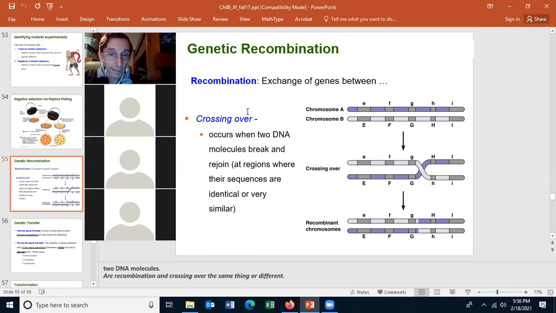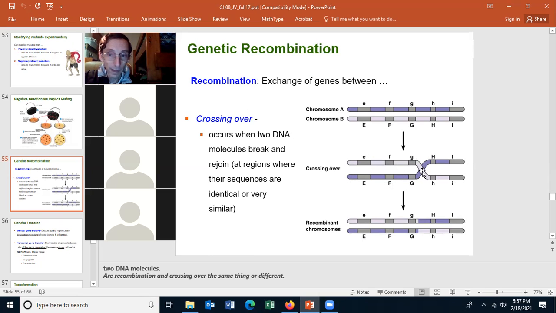Crossing over is literally the crossing of two chromosomes and then the breaking of those chromosomes and then the reannealing, so that if this is the mother's chromosome, it's all lowercase alleles, and the father's chromosome, the blue one, all uppercase alleles.